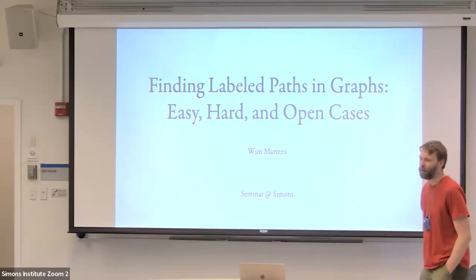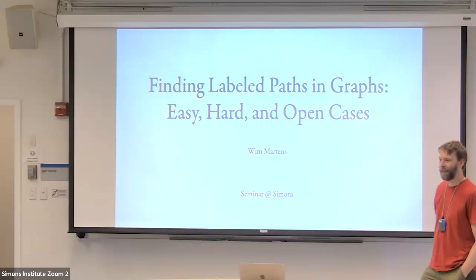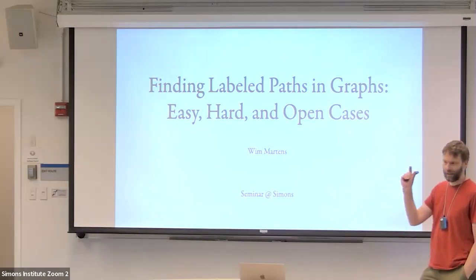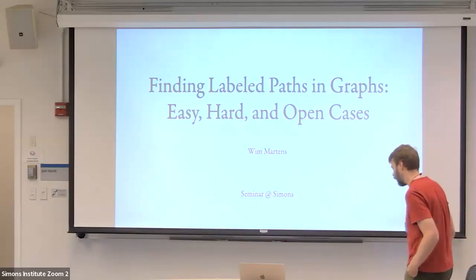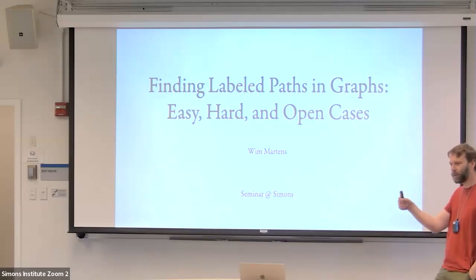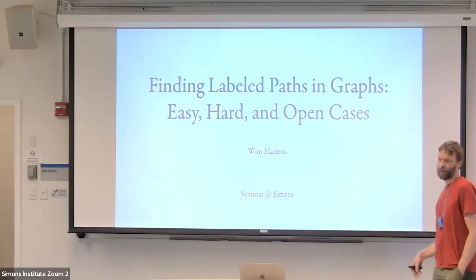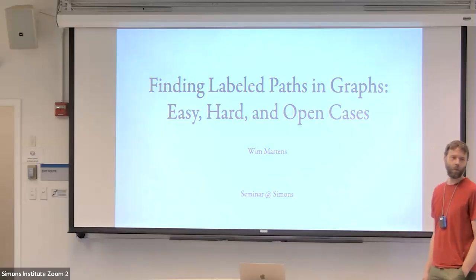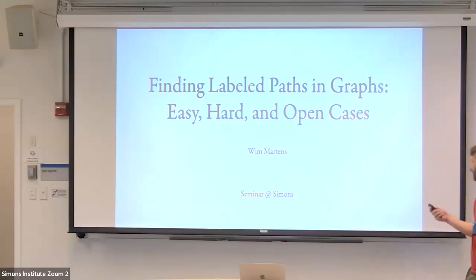We even have a fine-grained complexity understanding. But once you start adding labels on your edges, and once you want to understand which kind of labeled paths you can find easily or not easily, the situation can change quite a lot.